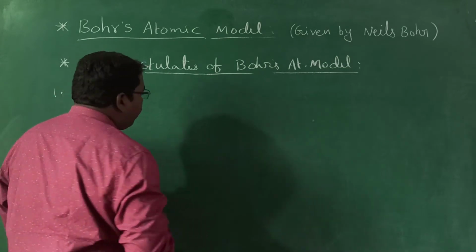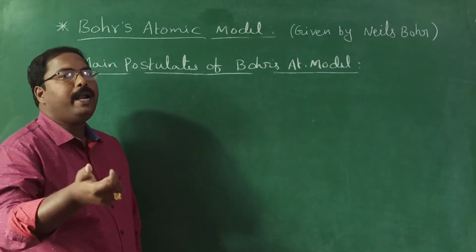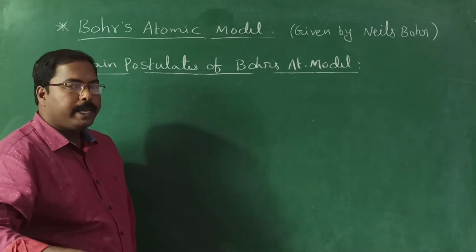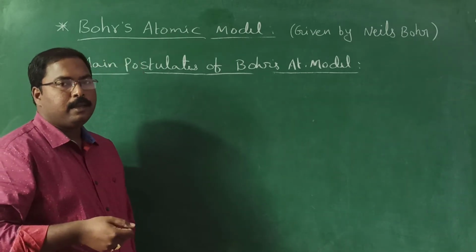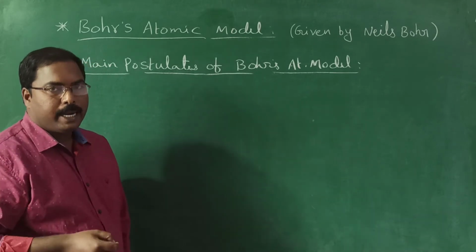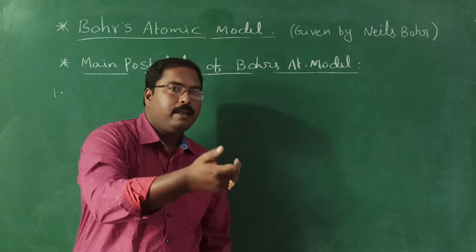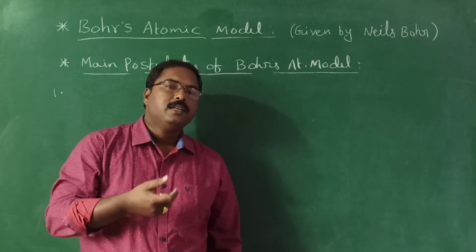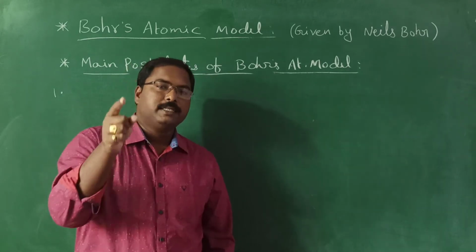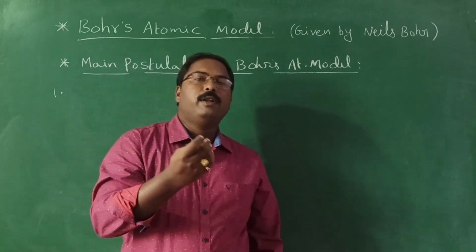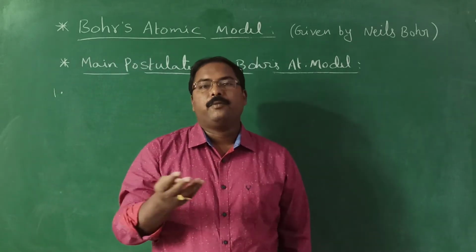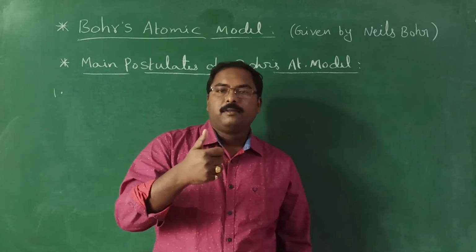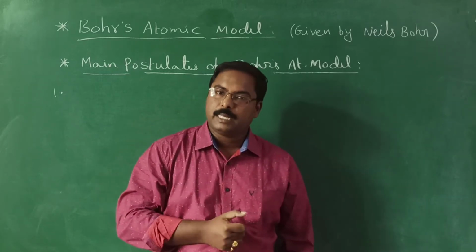When the electron is continuously moving around the nucleus, according to classical mechanical theory, every charged body radiates or releases energy. So after some number of revolutions, the energy of the electron will become zero, and the atom will collapse. That drawback was successfully overcome by Bohr's atomic model.